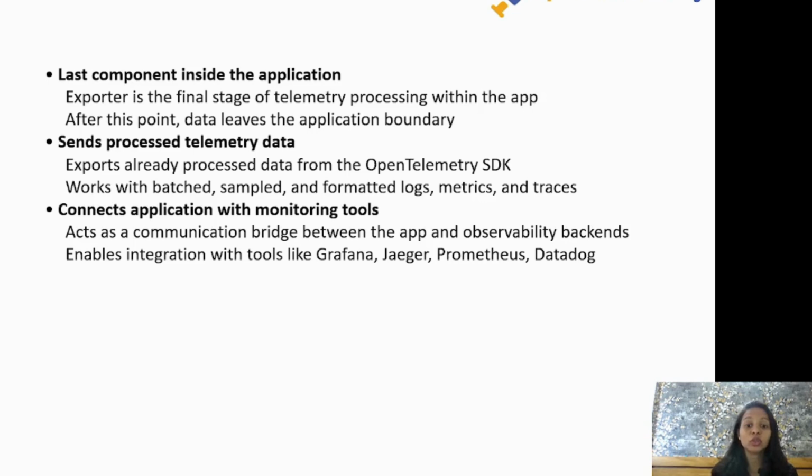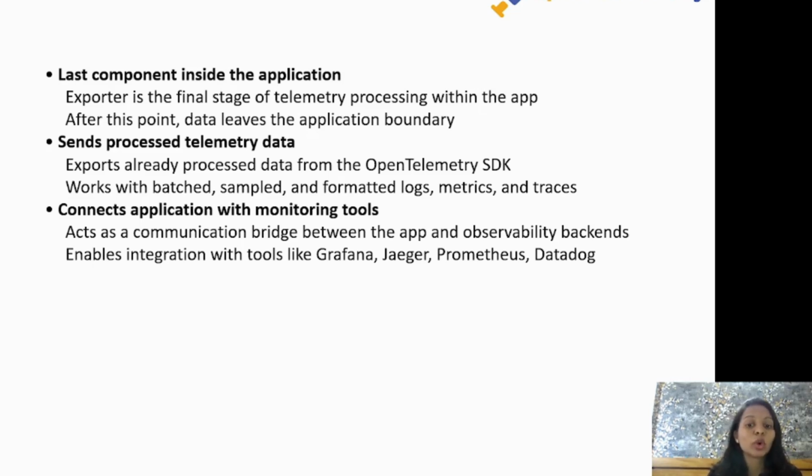Let's move on to the role of the exporter in the architecture. The exporter is the last stage inside the application. After this point, data leaves the application process. Network communication begins. The exporter works only with processed telemetry. Spans are already created, sampling is already applied, data is already batched.